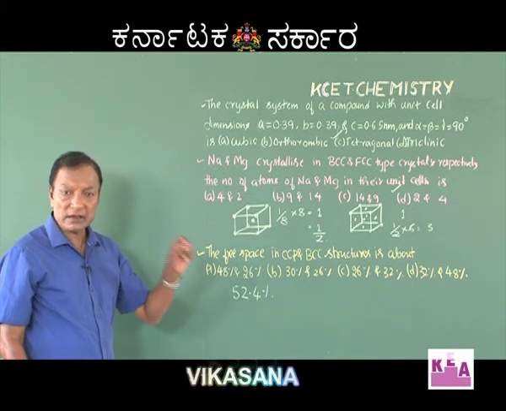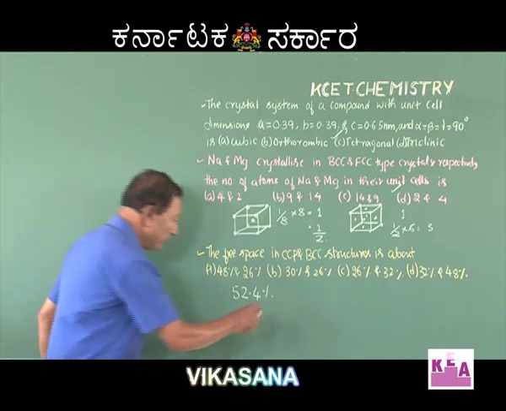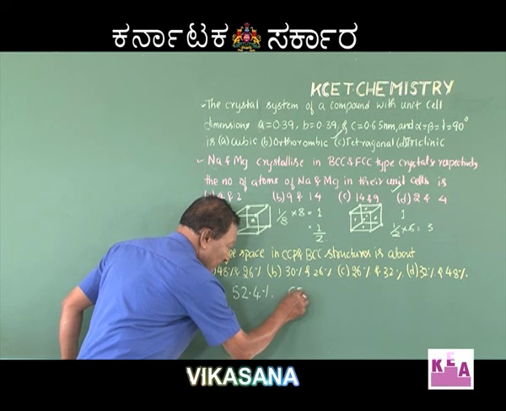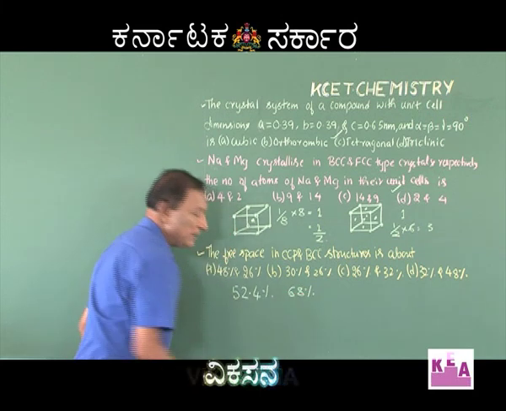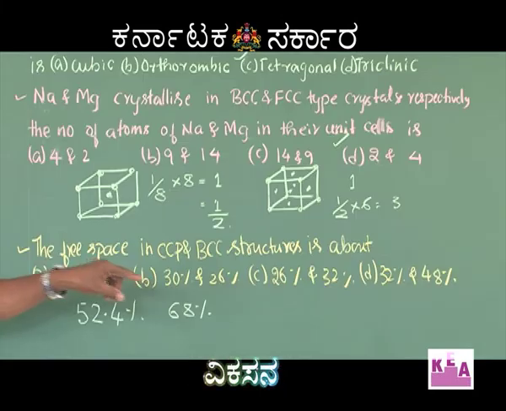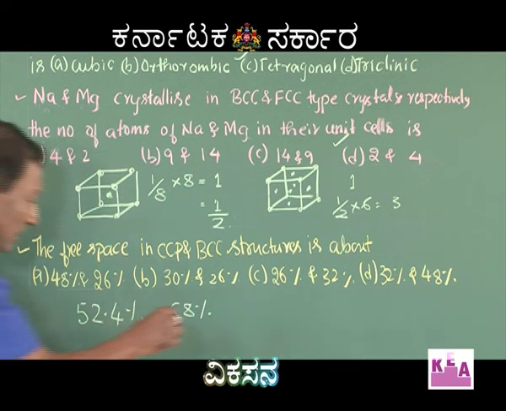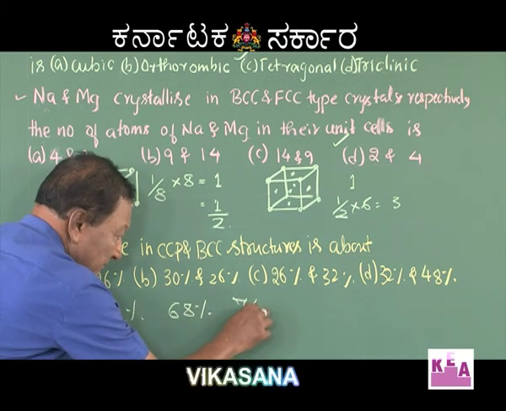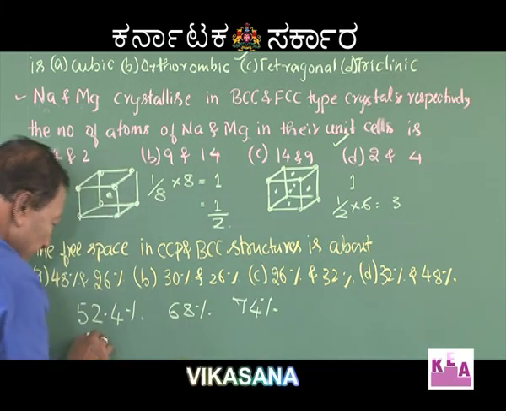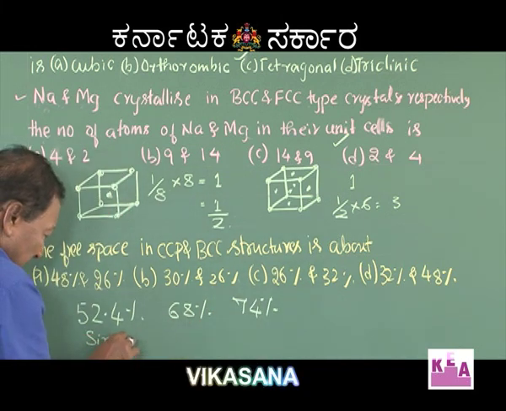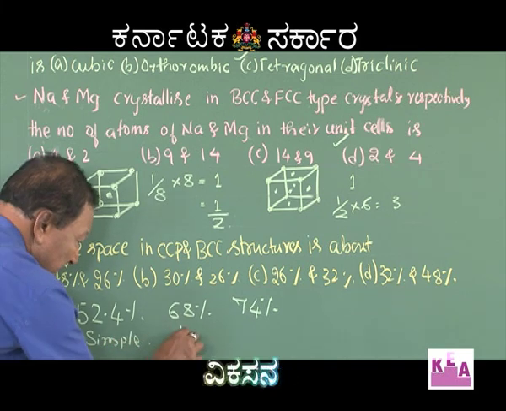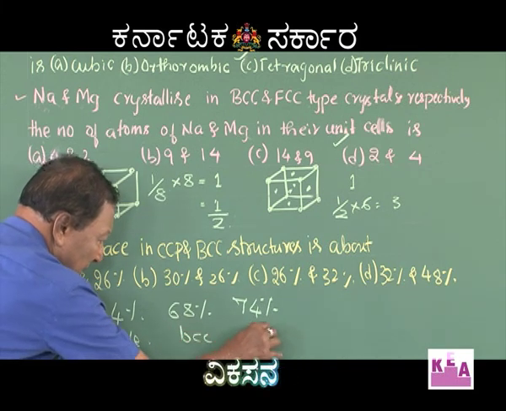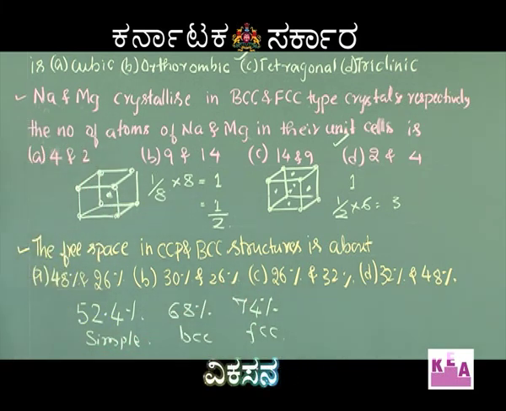For the body-centered cubic unit cell, it is 68%. And for the face-centered cubic unit cell, it is 74%. Therefore, we have the simple cubic unit cell, the BCC unit cell, and the FCC unit cell.